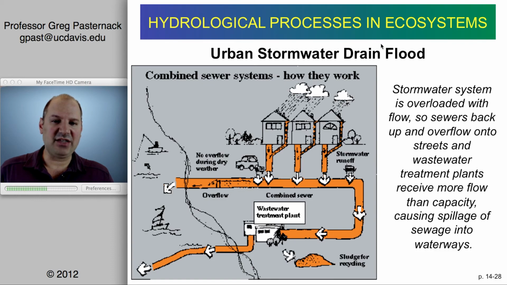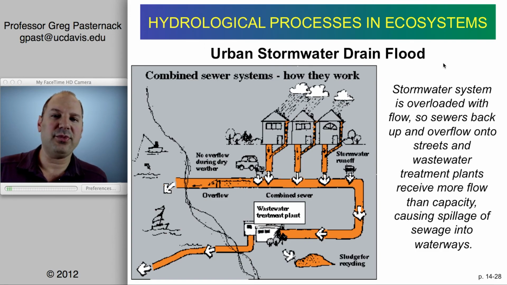And then I think this is the last one, an urban stormwater drain flood. This is a more localized context, but it's still a flood. So in urbanized areas, we use sewers that are underground. And in fact, we put many rivers underground, as I illustrated in the urban lectures. And it just so happens that a lot of times those sewers are combined together with the wastewater sewage that's coming from our homes.